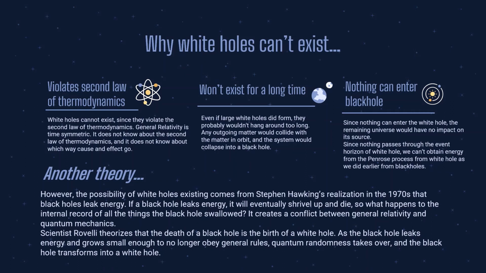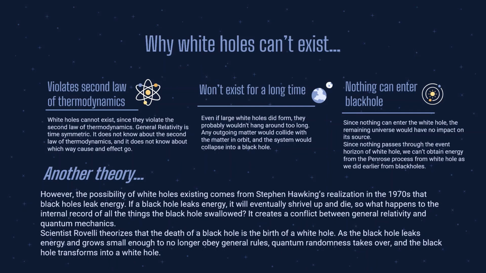So there is another theory. The possibility of white holes existing comes from Stephen Hawking's radiation in the 1970s, which says that a black hole leaks energy. If a black hole leaks energy, it will eventually shrivel up and die. So what happens to the internal record of all the things the black hole swallowed?